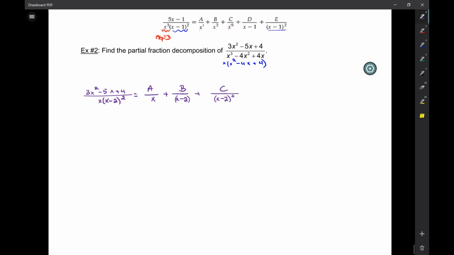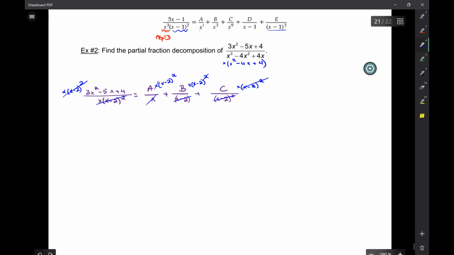Now, same process as before. We're going to multiply by the LCD. Everything cancels from the first one. Just x cancels here. One x minus 2 cancels there.